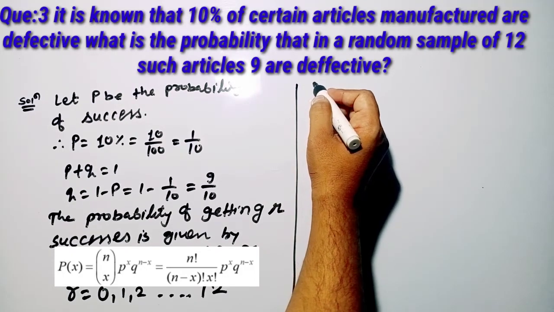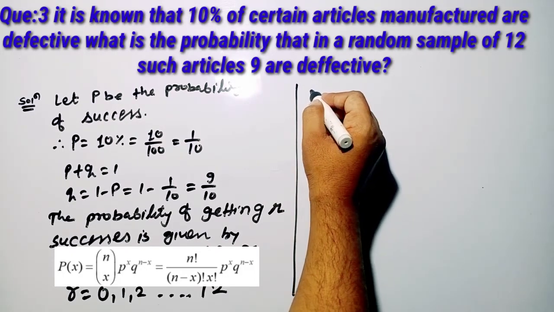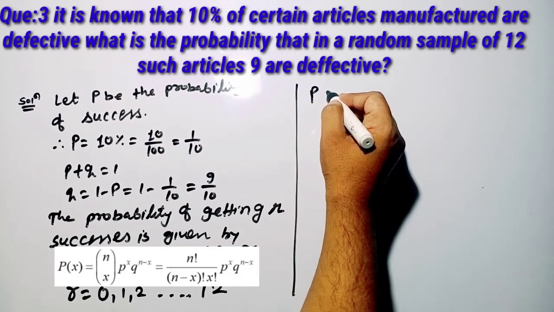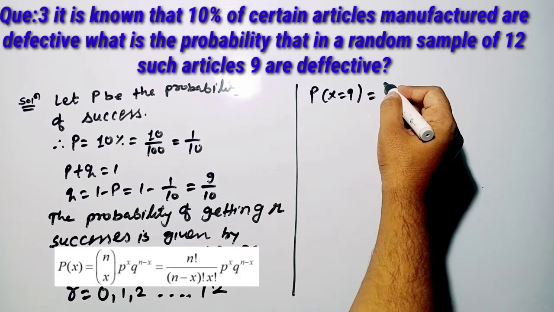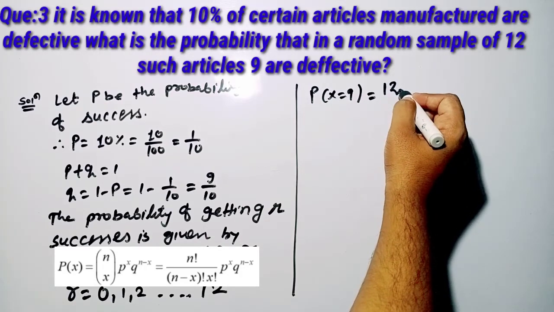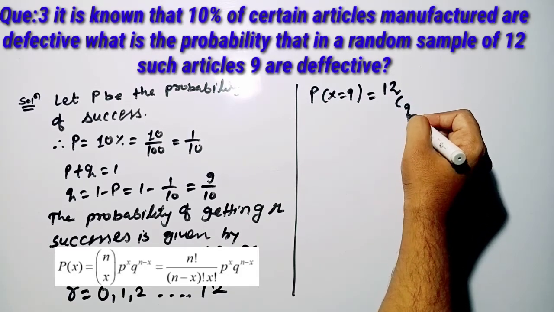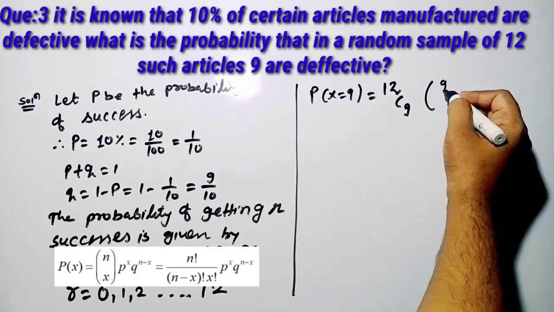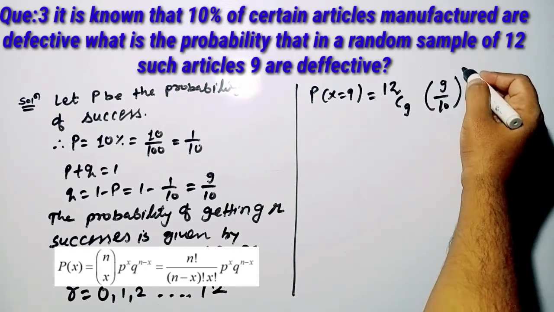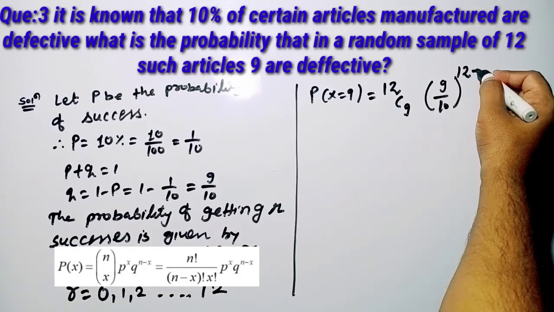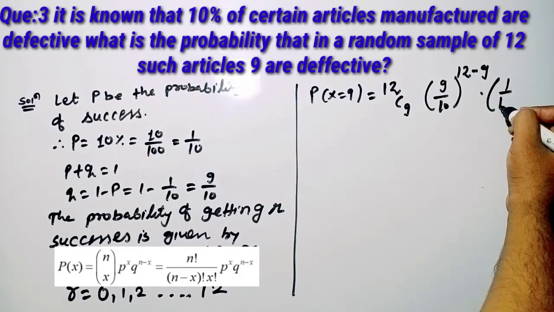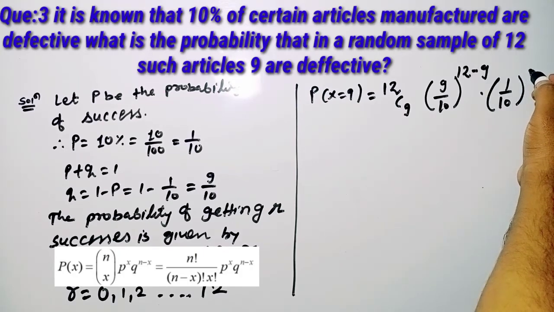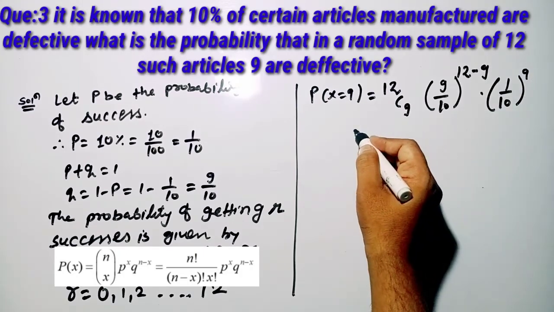So substituting the values of x, n, p and q. So x is equal to 9 for 9 defective articles, so 12C9, and Q is 9 by 10 to the power 12 minus 9, and P is 1 by 10 to the power x.